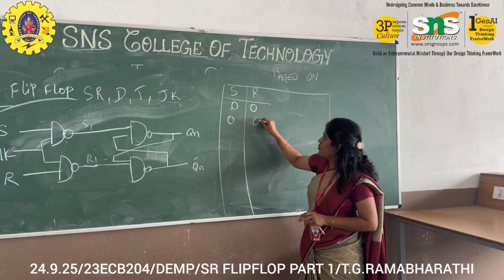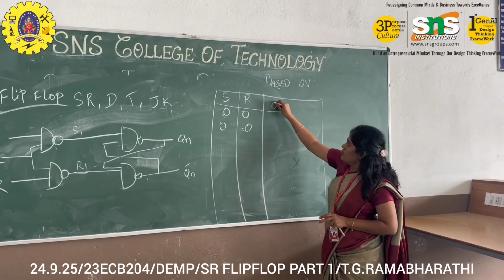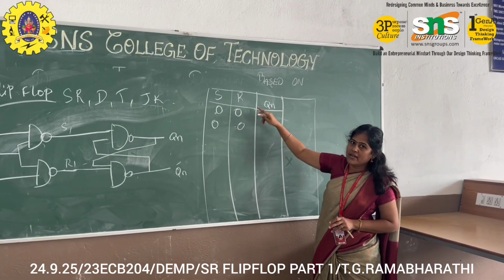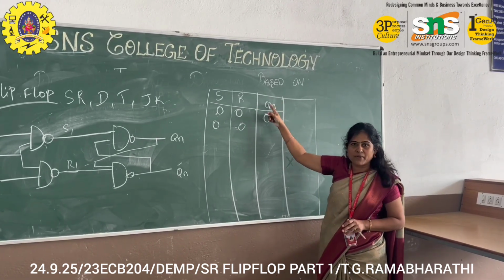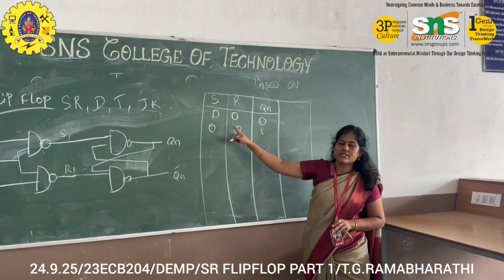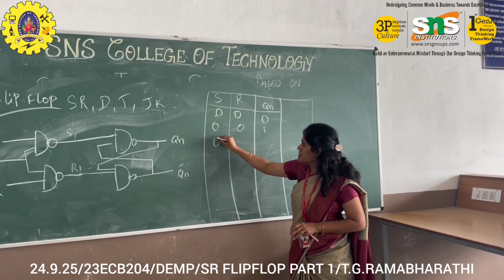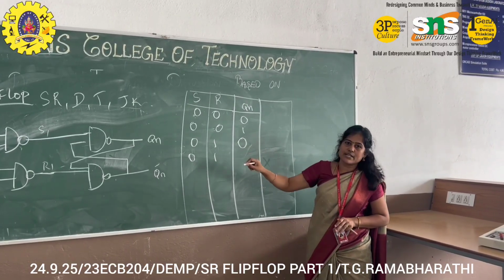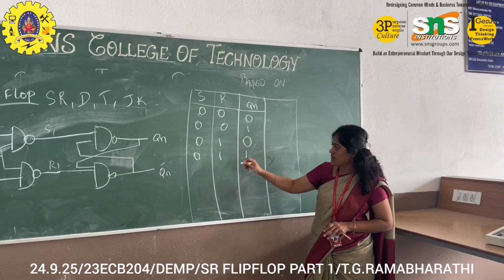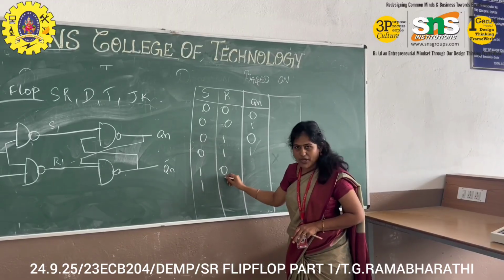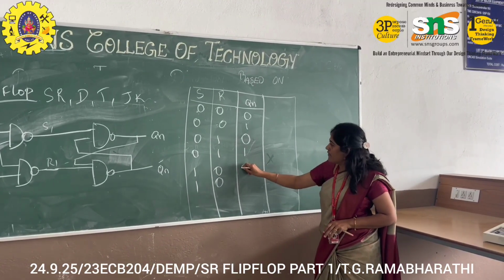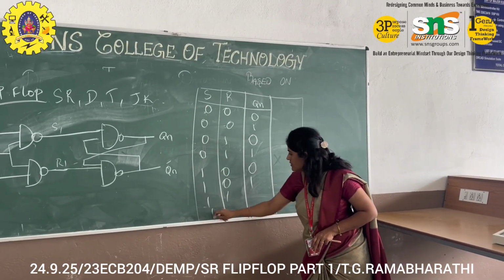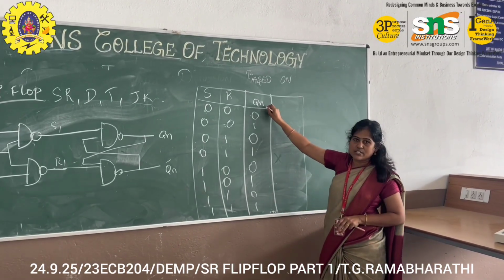Likewise for 0 1, what is the output when the present state is 0 and when it is 1. For 1 0 also I wrote 2 times, and for 1 1 the same reason. So this is the present state, and Qn plus 1 is the next state.